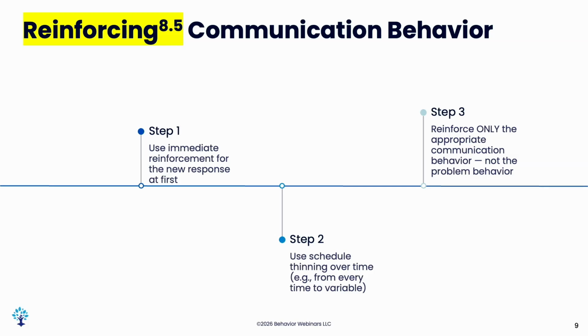So they have to engage in the behavior a certain number of times to gain reinforcement, or you could use a time schedule. Choosing those schedules doesn't depend on one being always best. It's very based on the individual and the behavior you're working with. Reinforce only appropriate communication behavior, not the problem behavior.